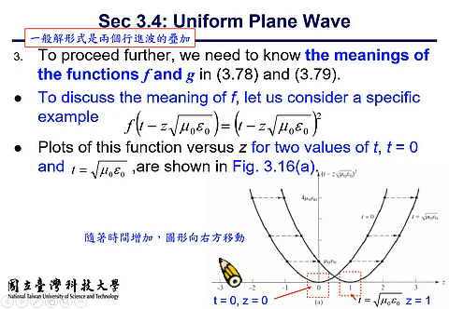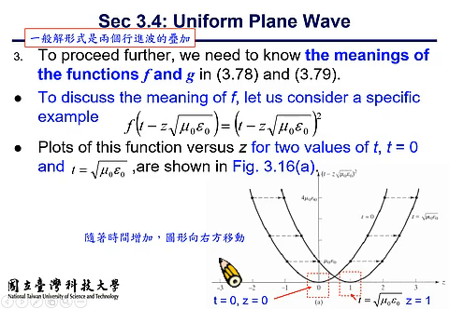As the time increases, say t equals square root of mu times epsilon, the minimum moves to position z equal to 1. This shows that as time progresses, this parabolic curve moves to the right, so it stands for a wave going in the positive z direction.